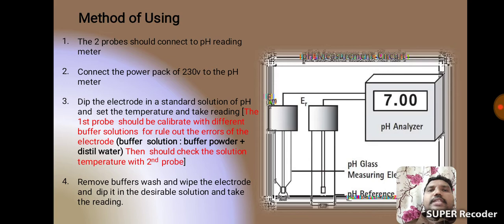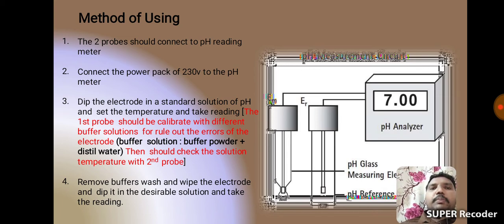Method of using. The two probes should connect to the pH reading meter. The two probes are connected to the pH meter. Connect the power pack of 230 volts to the pH meter. Dip the electrode in a standard solution of known pH, set the temperature and take the reading.